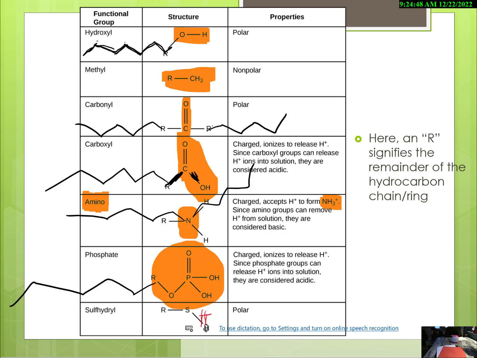And it would be on a chain of carbons, of course. So the R stands for the rest of the chain. And we just have a sulfur with a hydrogen attached to it. And so we can have some of our molecules use this for some pretty important roles.